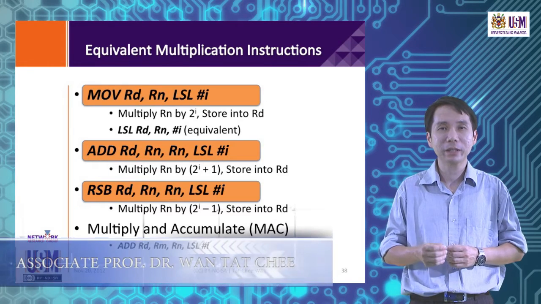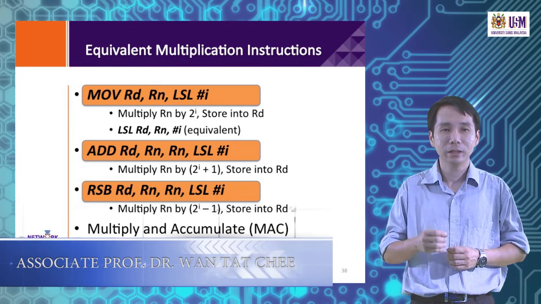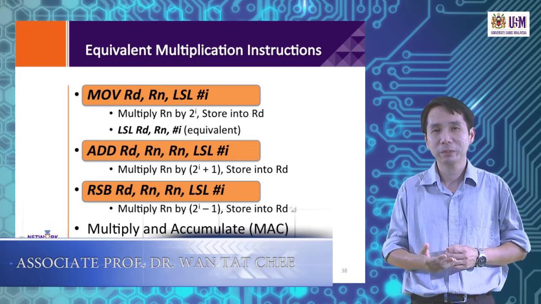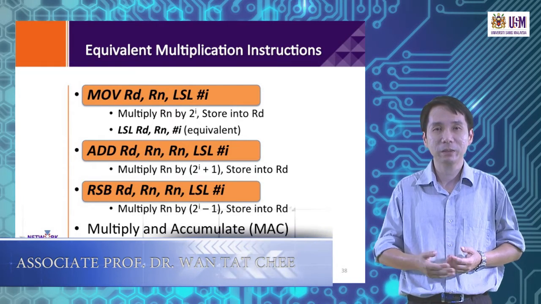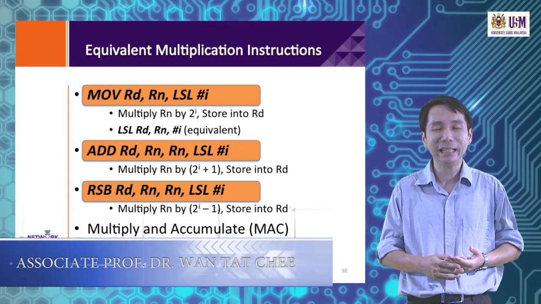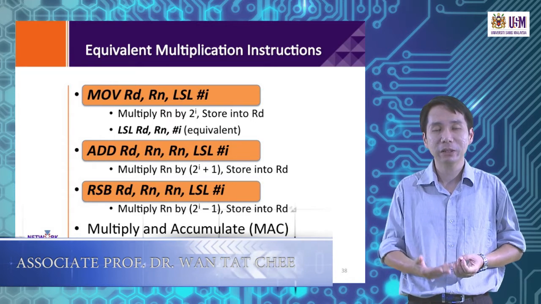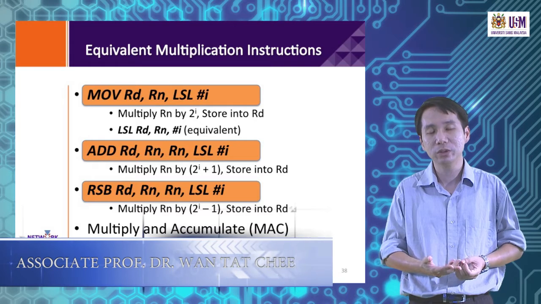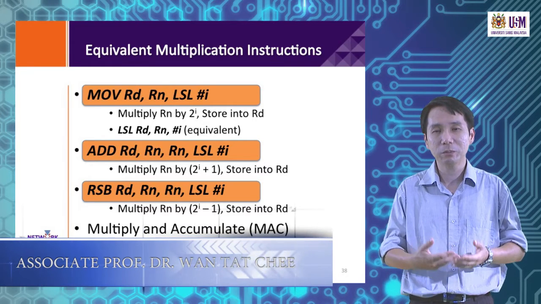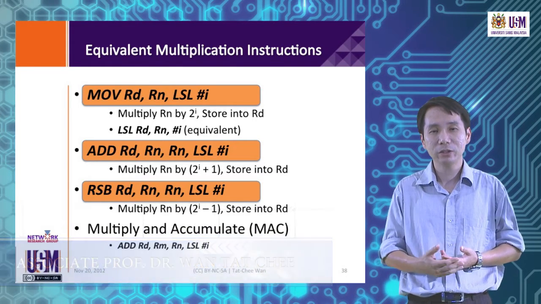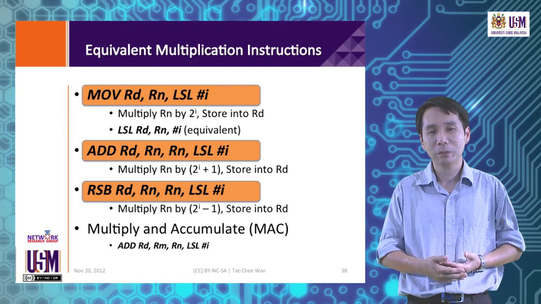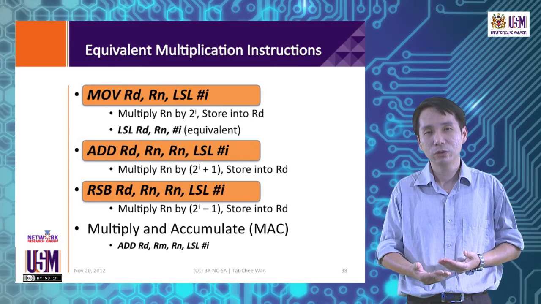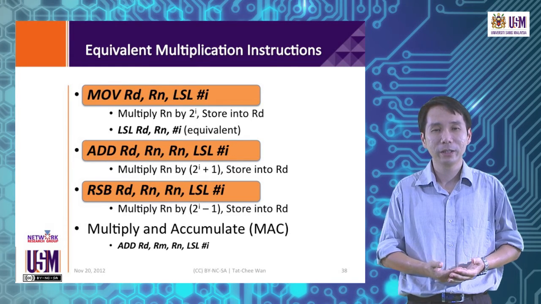There is a special class of multiplication requirements which involves multiplication by powers of 2. If we have a value that's multiplied by 2, 4, 8, 16, or some other power of 2, we can use a different form of multiplication. This uses the shift left instruction as the operand 2 option to perform the multiplication.